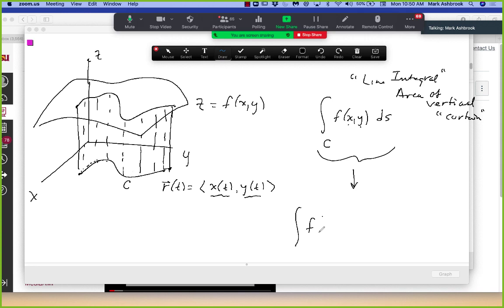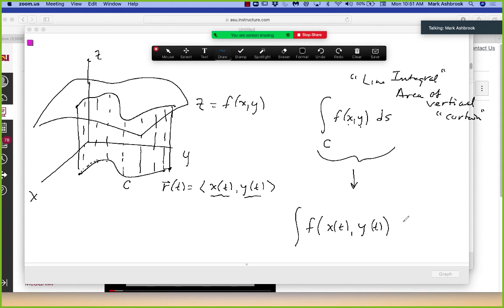So we can just consider the function along that. And then what was ds? Remember what ds was? Absolute value of r prime t.